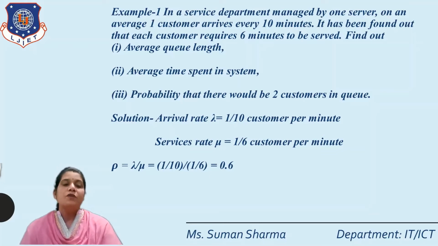Putting lambda equal to 1 by 10 and mu equal to 1 by 6, rho is equal to 6 by 10, which is 0.6. That means our utilization factor is 0.6.